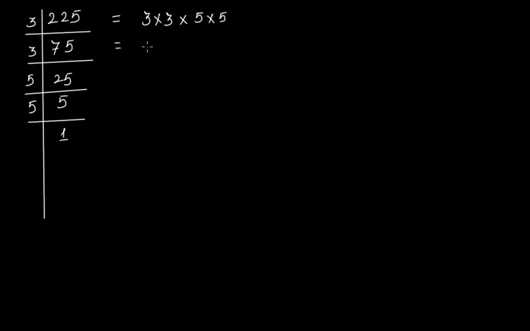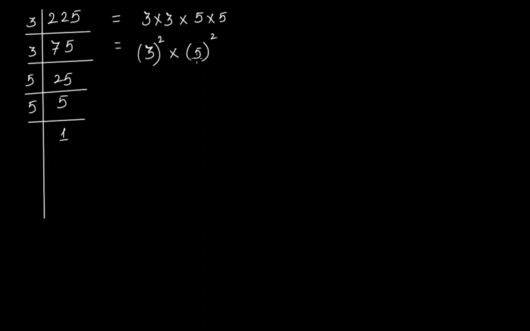Now, this is what, 3 raised to the power of 2. Why? Because we have 2 times 3. How many times do we have 5? We have 2 times, right? So we can write in the form of base and exponents in this way, right?